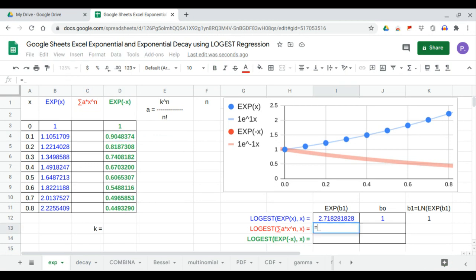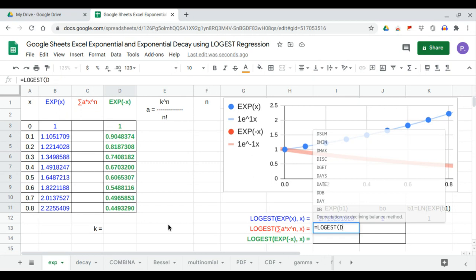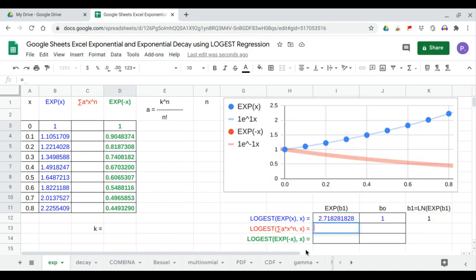So this is equal to LOGEST of data y. We'll use this one. This is LOGEST of data y and data x. That's the negative.